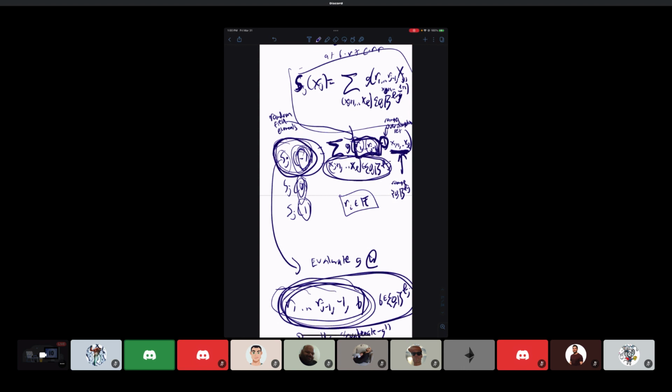So the sum in the next round will be over half as many terms, because there'll be one fewer variable getting summed over. In the next round, variable J plus 1 will range only over the interpolating set, and variables J plus 2 up to L will range only over the Boolean hypercube, and we've fixed variable J to RJ.